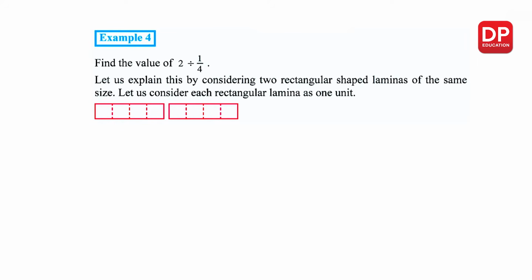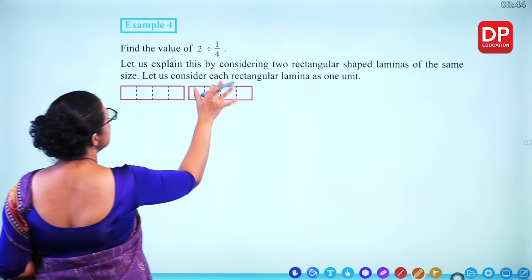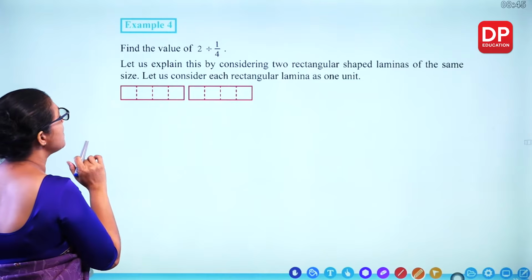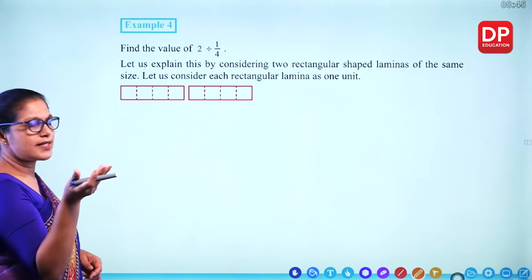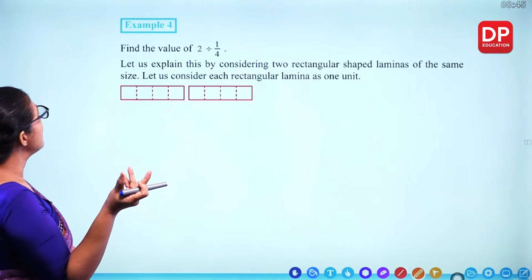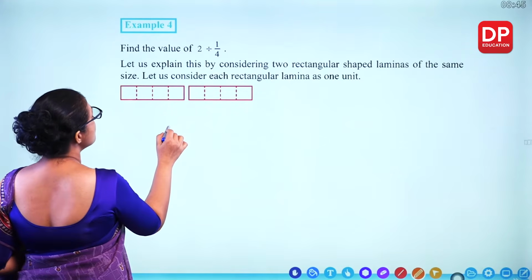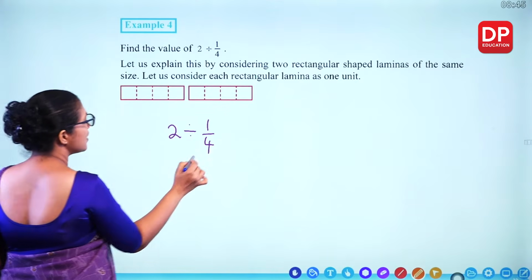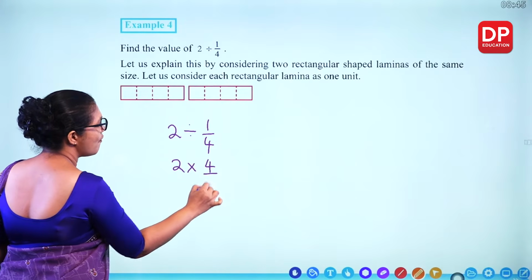Find the value of 2 divided by quarter. So 2 is there. Divide by quarter. What's the answer? How many parts are there now? 1, 2, 3, 4, 5, 6, 7, 8. Answer is 8. Now we'll see whether we get it. 2 divided by 1/4 becomes 2 multiplied by reciprocal, 4 over 1.